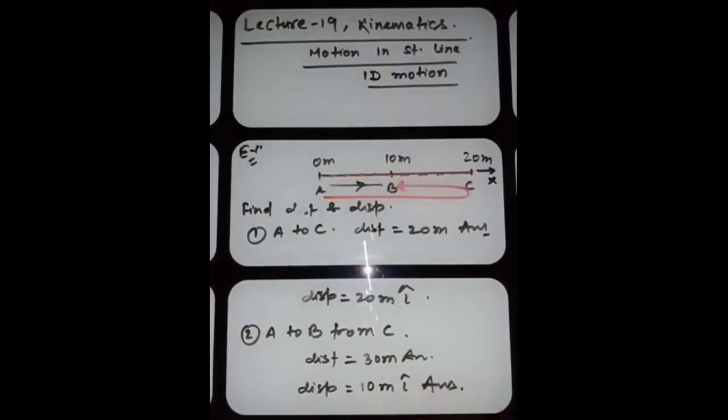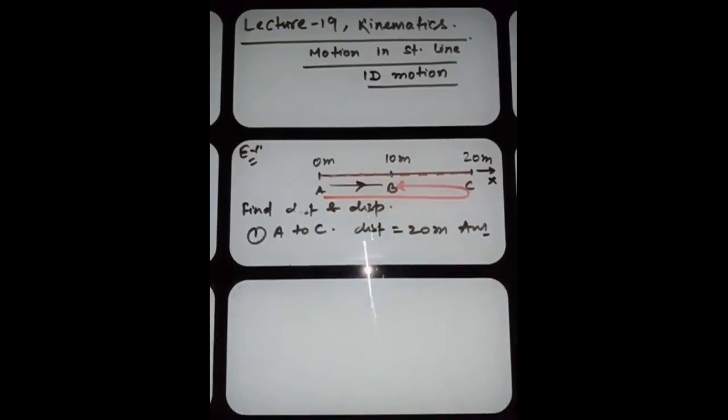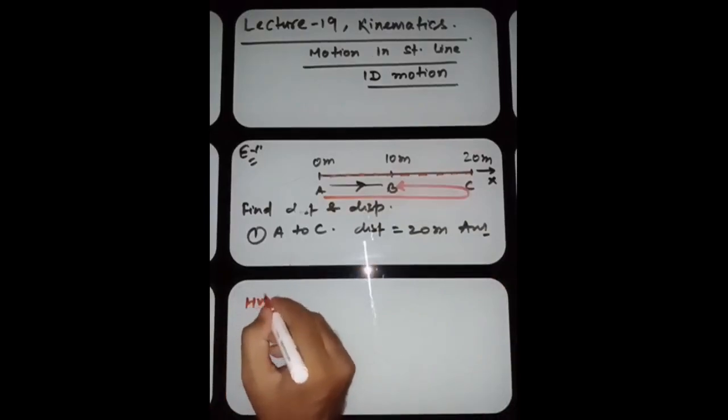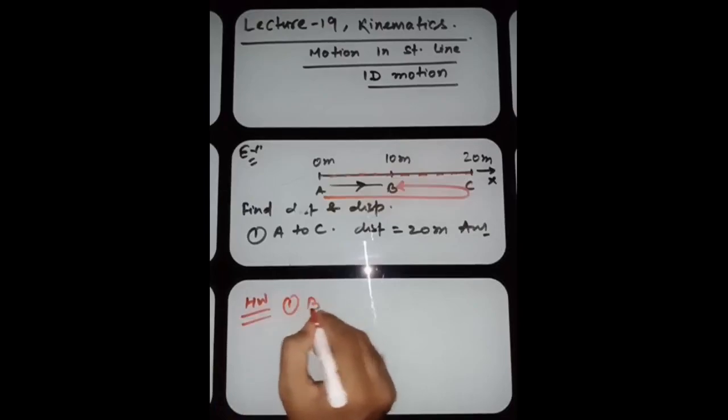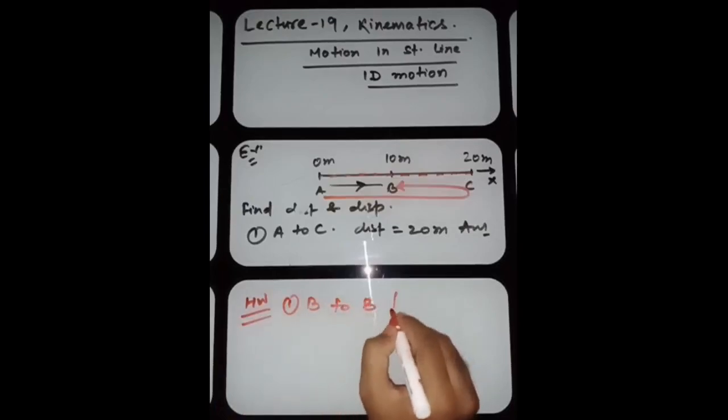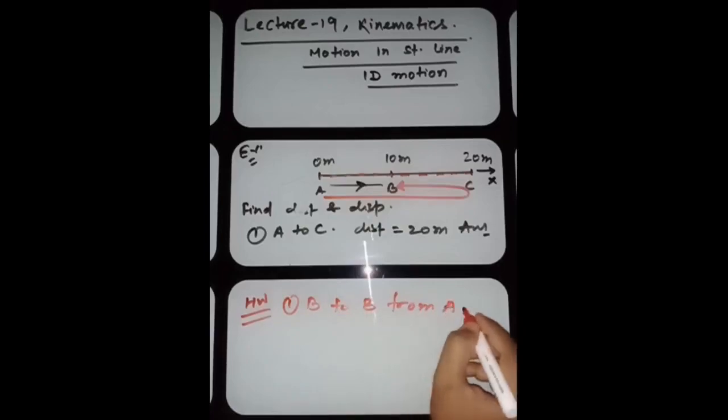I hope you understand. The last one I'm giving you, and this will be your homework. You have to find B to B from A. Your homework, it is B to B from A. What will be the distance and displacement?